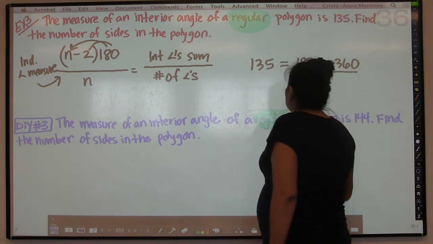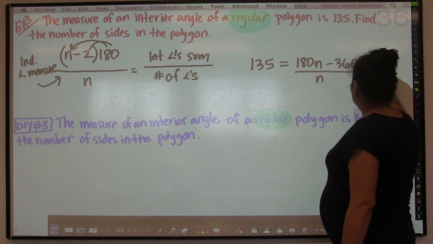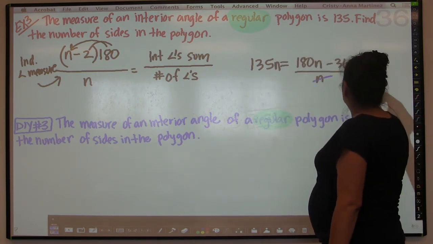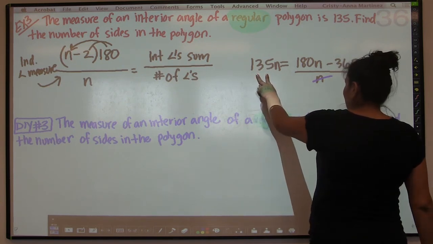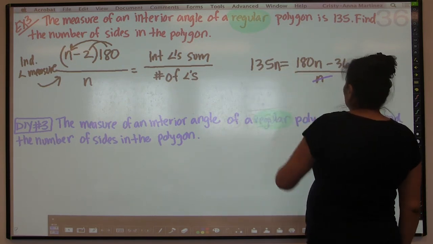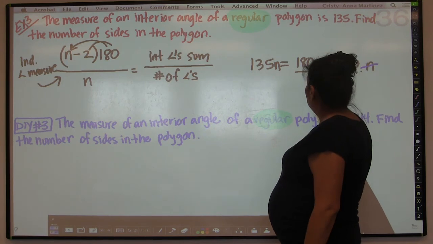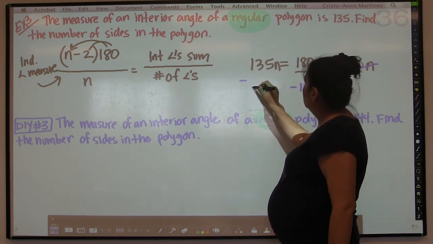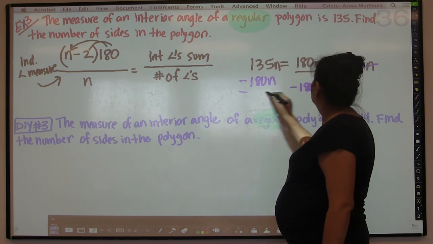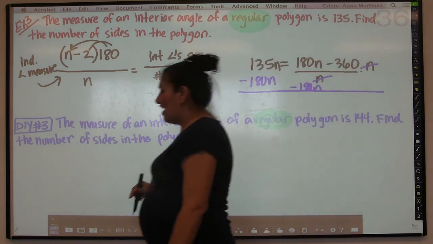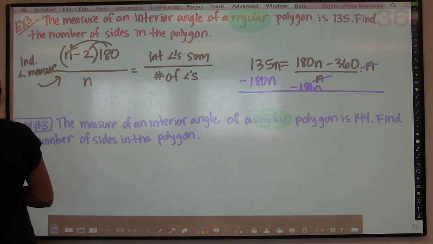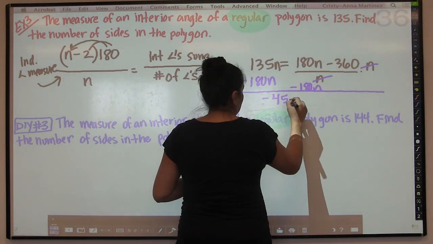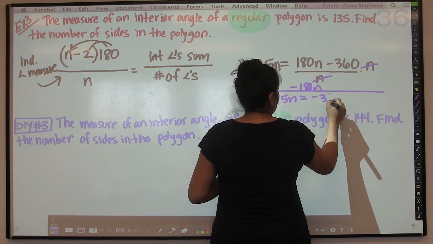Divided by n. Now to solve, we're going to multiply both sides by n, so that the n's over here are going to cancel. And I get 135n equals 180n minus 360. Then we got to put the n's on the same side. So 135 minus 180 is negative 45n, equal to negative 360.